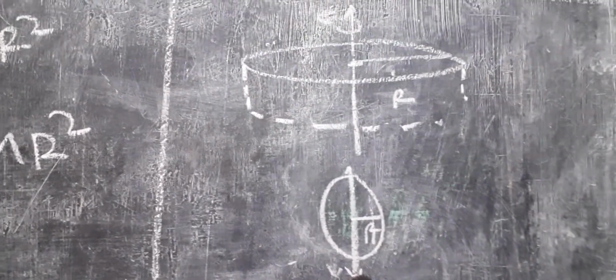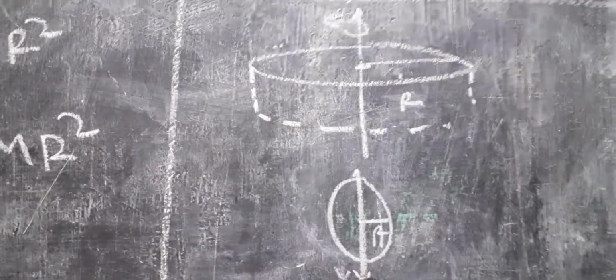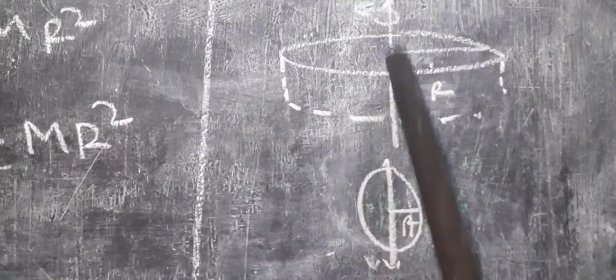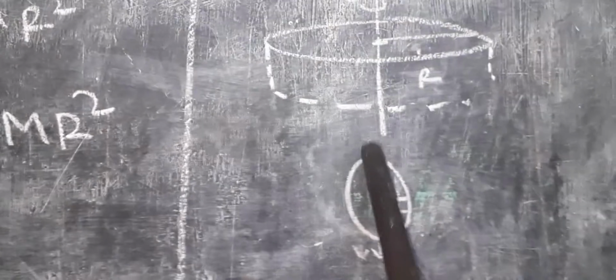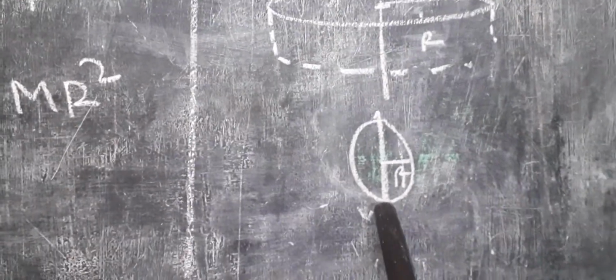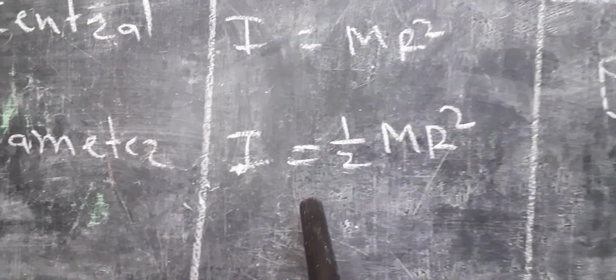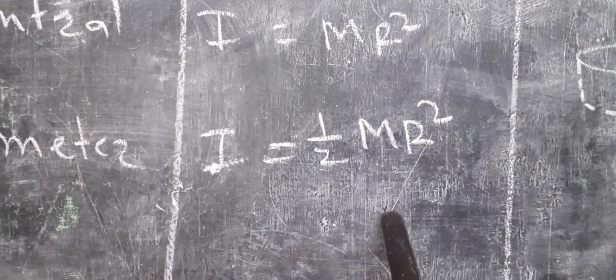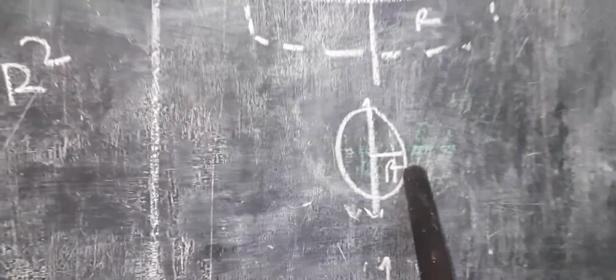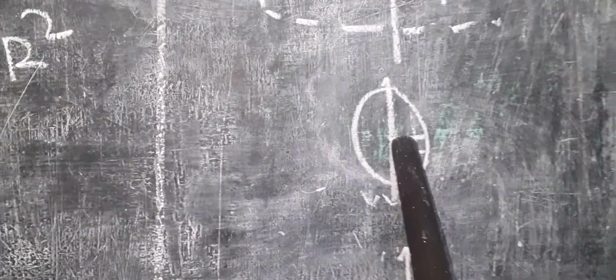So difference is clear. Or we imagine these both are together, then this axis is perpendicular to diameter. So diameter is in the plane. So in this typical case, the value of moment of inertia comes out to be 1 upon 2 times m into r square, where r indicates radius of this typical ring.